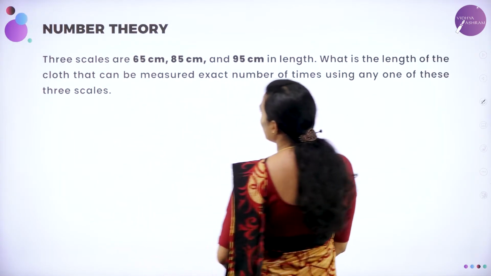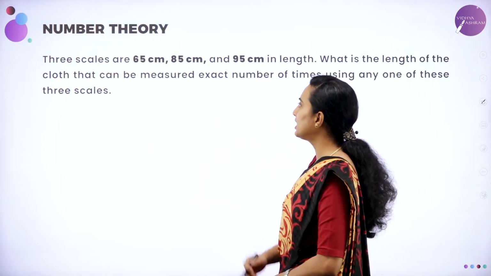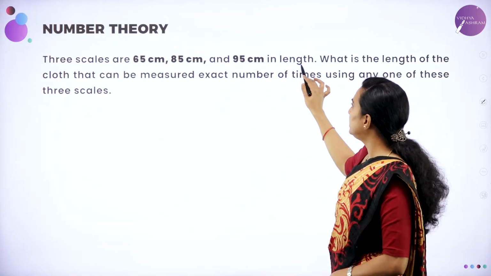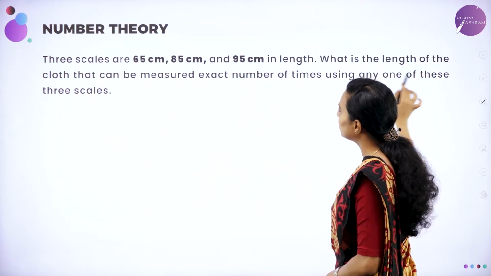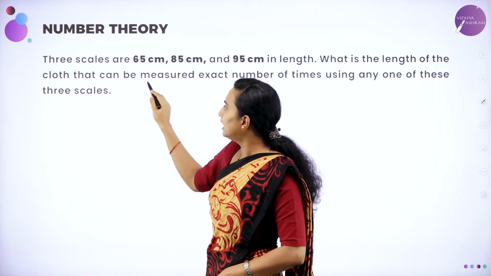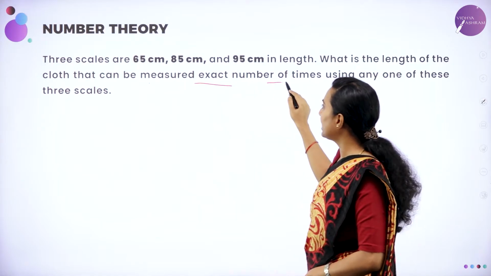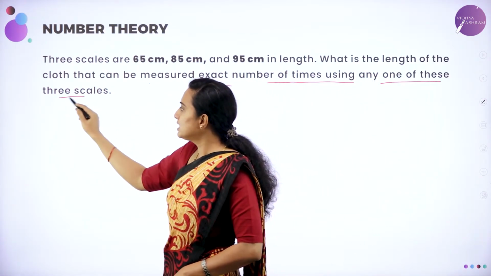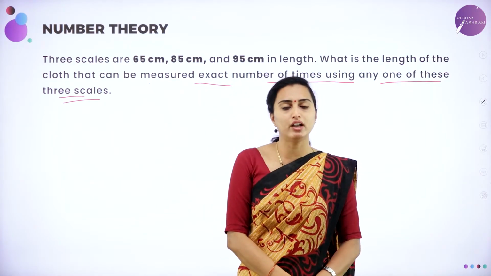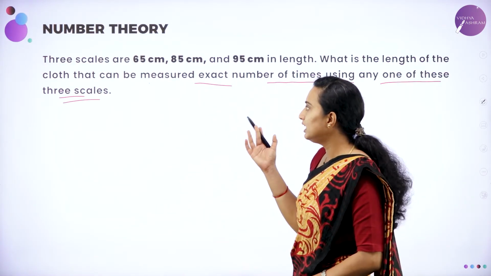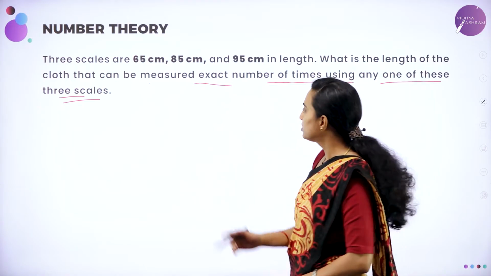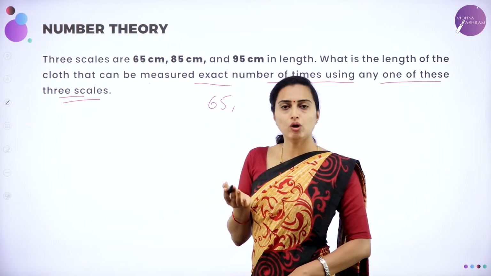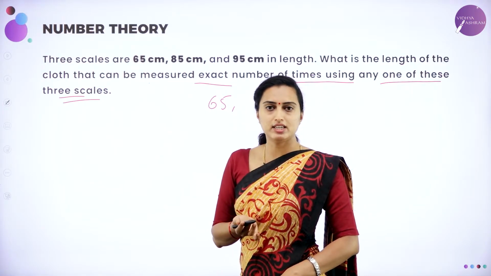Next we'll be moving on to 3 scales of 65 centimeter, 85 centimeter, 95 centimeter in length. What is the length of the cloth that can be measured an exact number of times using any one of these 3 scales? So we need to find out the LCM of these 3 numbers. I am going to write it by division method or factorization method.